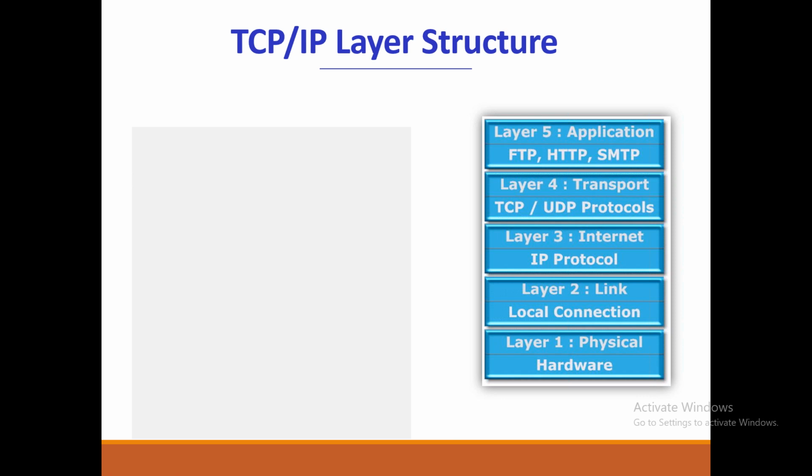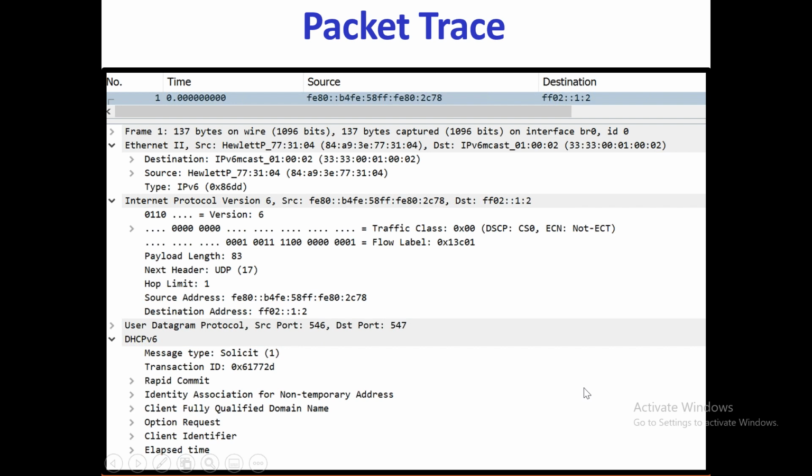So the other thing to position ourselves is that, remember, TCP/IP has a layer structure, and we're not talking about the physical layer or the link local connection. Well, in some ways the link local, but what we're talking about is layer 3, or the IP protocol.